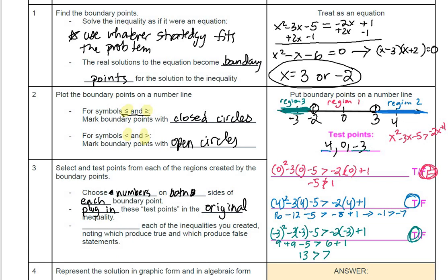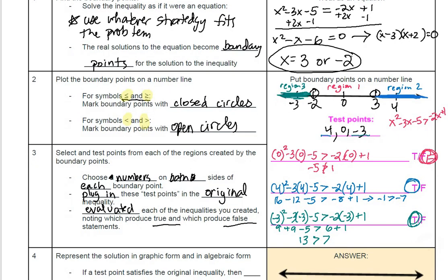And we evaluated each of the inequalities we created, noting which produce true and which produce false statements. This is key, and we're going to use it to answer the rest of our question.